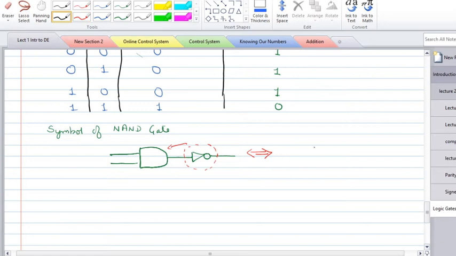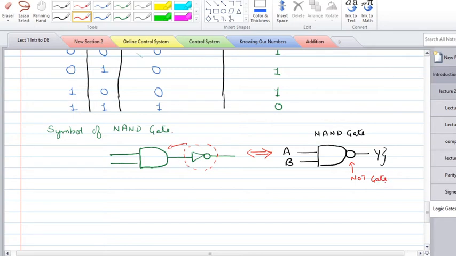That is, this is the symbol of the NAND gate, where these are the inputs and this is your final output Y. This A and B are the inputs and this bubble represents the NOT gate.